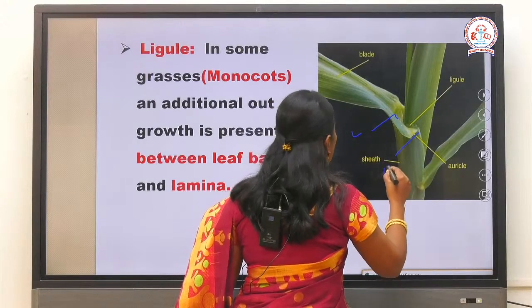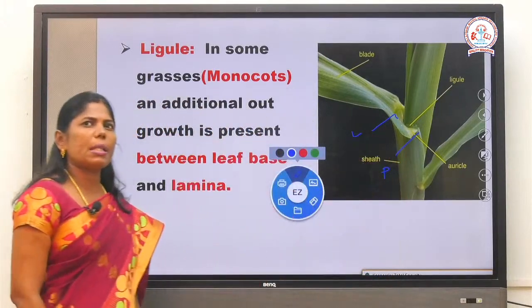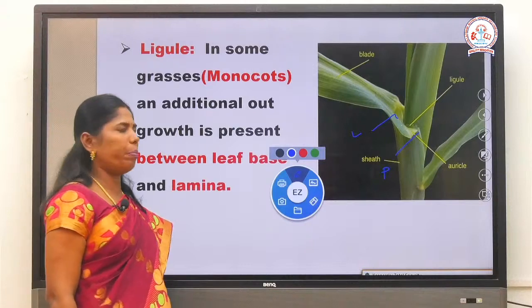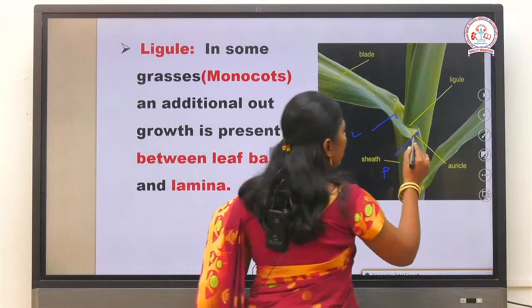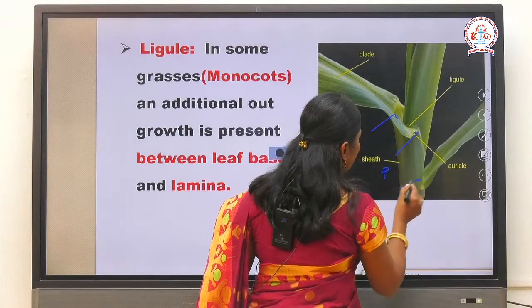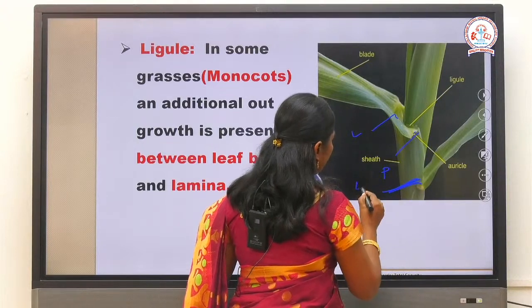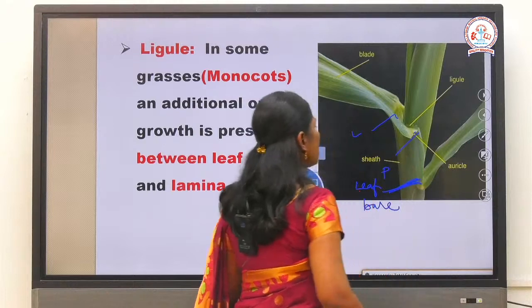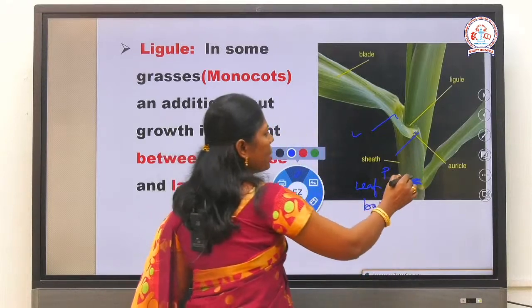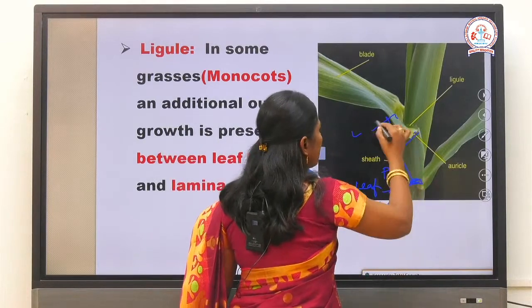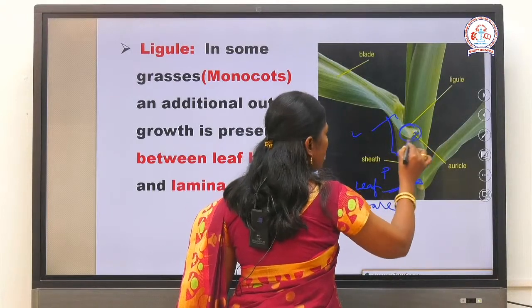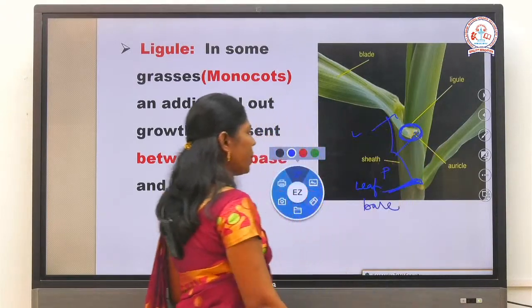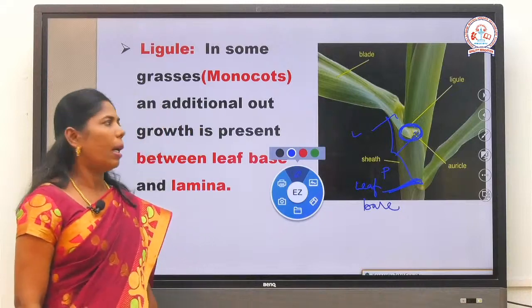The ligule is present between the leaf base and the lamina. This is the leaf base, and this is the lamina, and this region is called the ligule. So the ligule is present between the leaf base and the lamina.